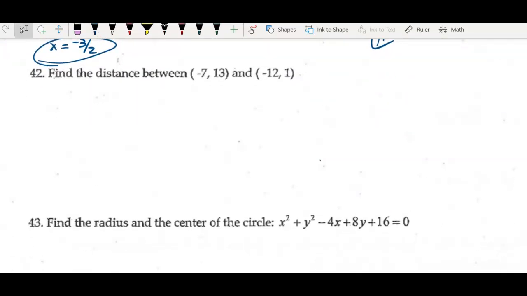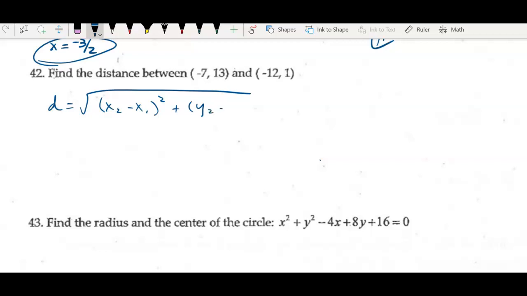Number 42, find the distance. So remember your distance formula. It extends from the Pythagorean theorem. Oh, all right, just plug everything in. You want the difference in the x's.